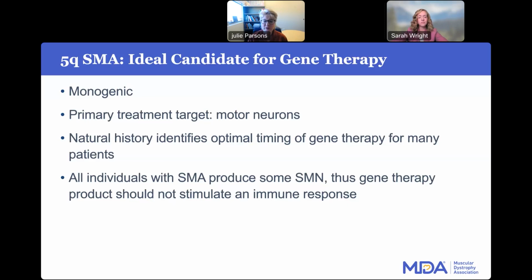All individuals with SMA produce some survival motor neurons, so the gene therapy product and transgene should not theoretically stimulate an immune response, and that really hasn't been an issue with this particular agent. Next slide.